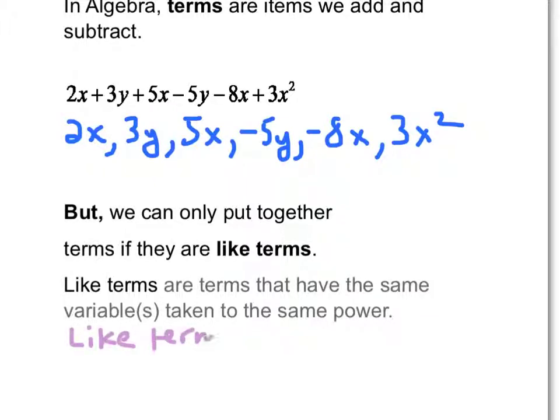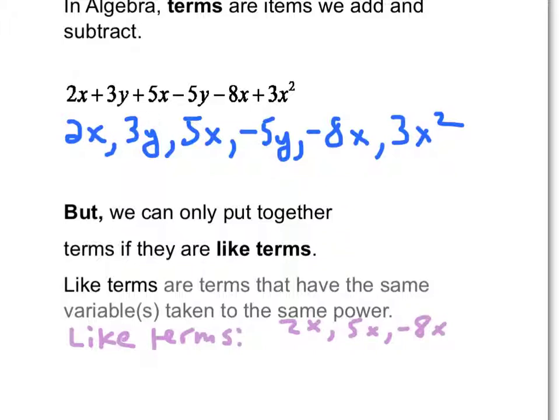So the like terms for this expression are going to be 2x, 5x, and negative 8x. They are all terms that have the same variable, in this case x, taken to the same power, in this case 1. And then we also have two terms that have y's in them, also to the first power.